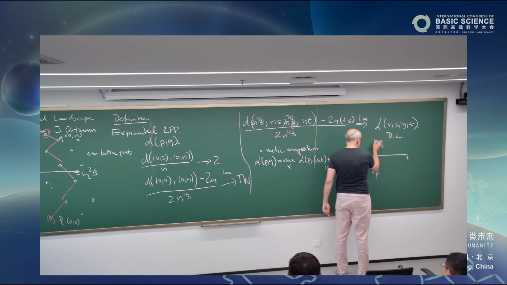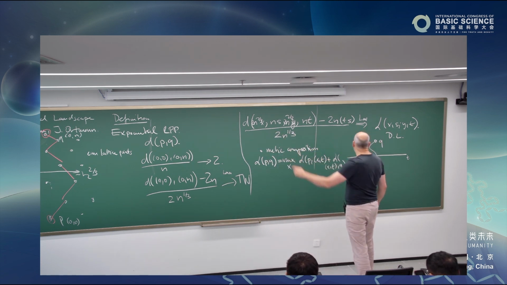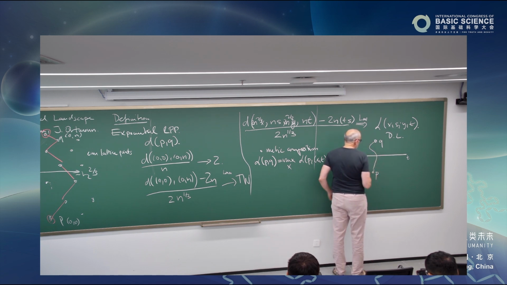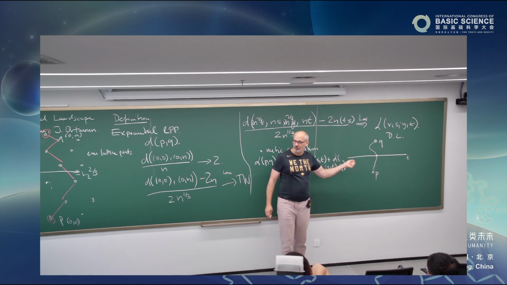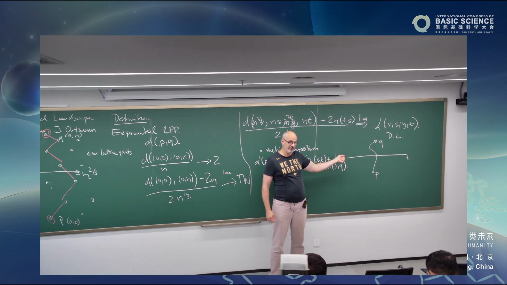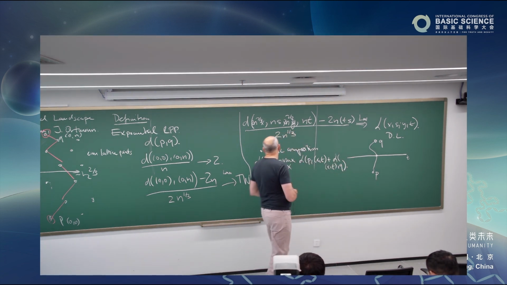And it also represents that there was a geodesic, just like in the original place. When you achieve this distance along the geodesic, you should have an equality. So this is metric composition.